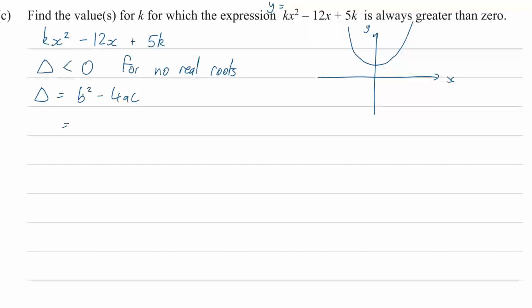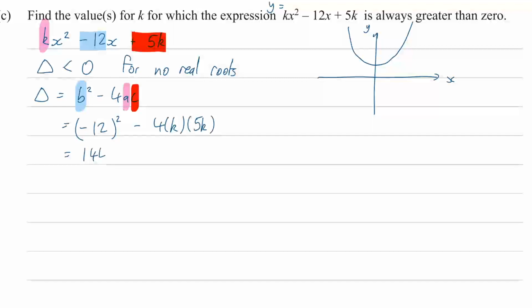Where b is the term in front of x, a is the term in front of x squared, and c is the constant. So just substituting in from our expression, we get negative 12 in brackets squared minus 4 times a, which is k, times c, which is 5k.